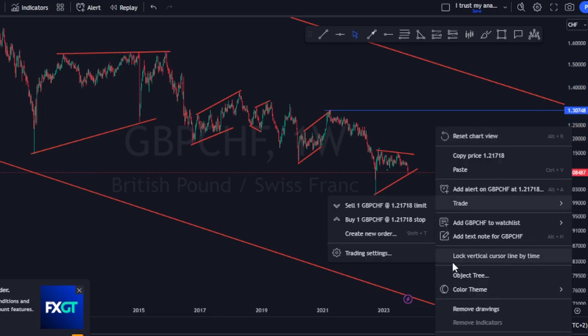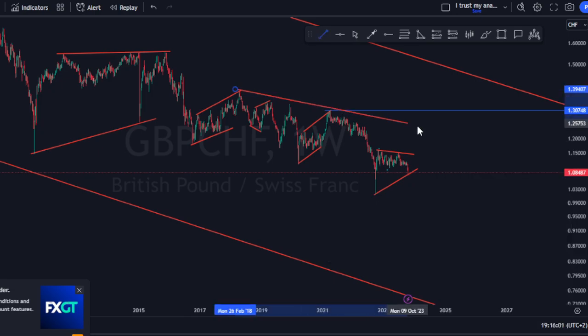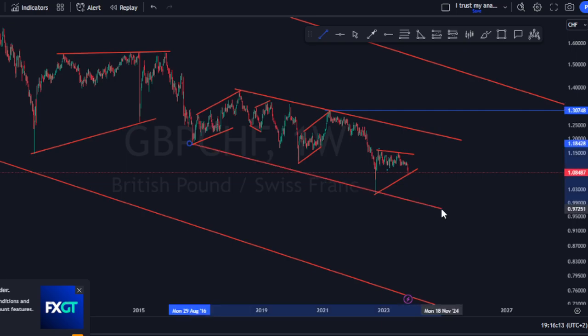So if I do join these highs like that, because this is also giving us a pattern. I know it might be too much, but you just need to focus on what's mostly important. Now we have this nice pattern. This is a descending channel, ladies and gentlemen.